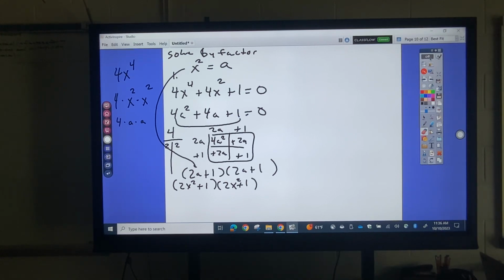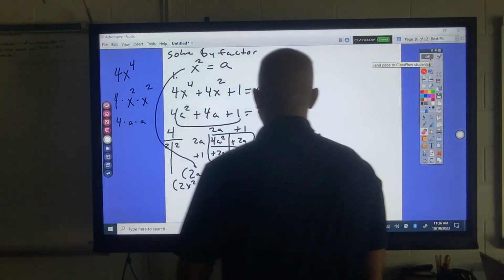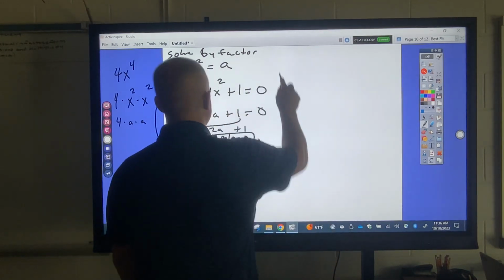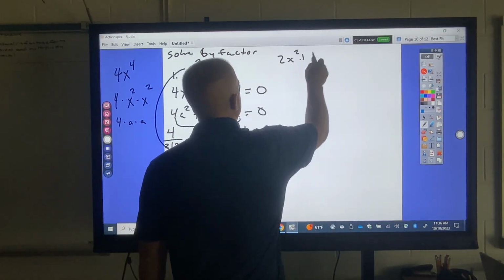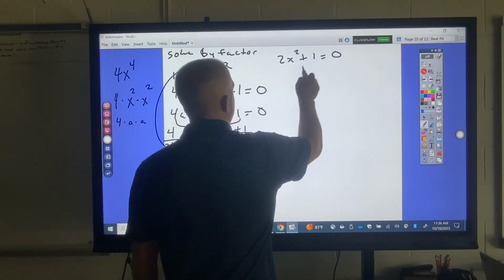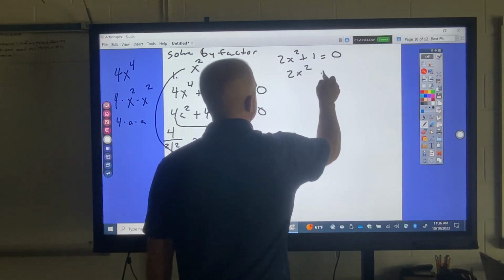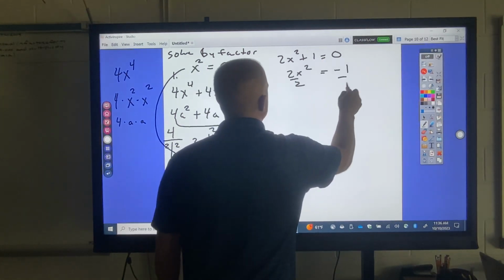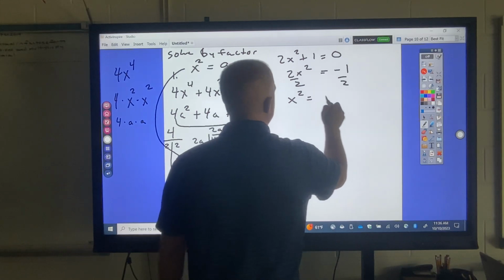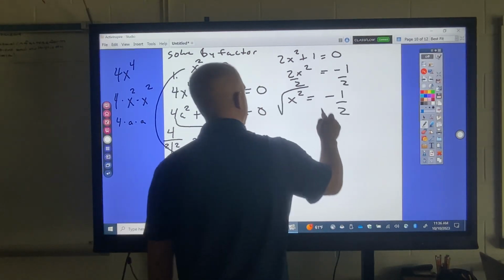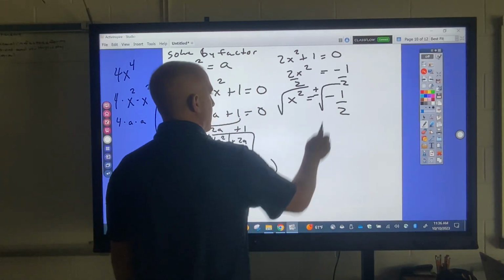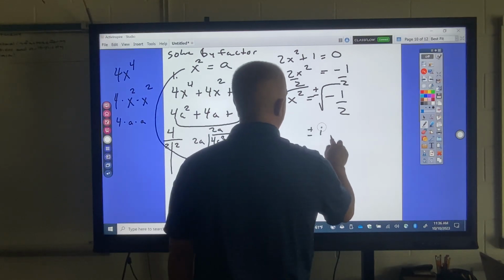Okay, so what I want to do is solve those. So I got 2x squared plus 1 equals 0. Move that 1 over, so that's 2x squared equals negative 1. Divide it by 2, I get x squared equals negative 1/2. I'm going to take the square root plus and minus, okay? Because that's a negative, that's going to be an i on the outside.